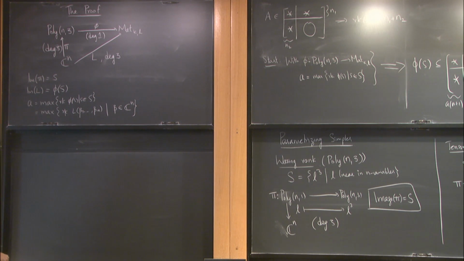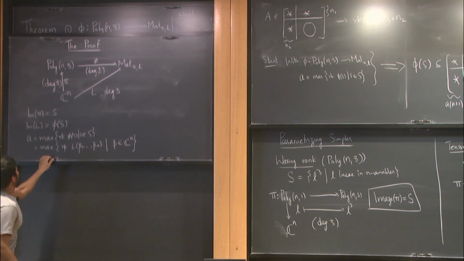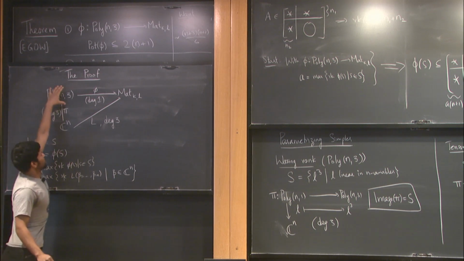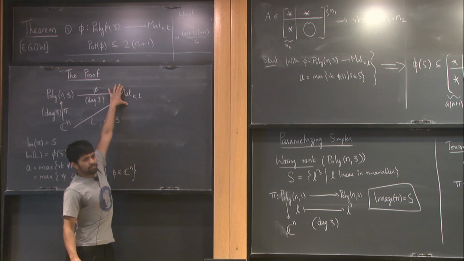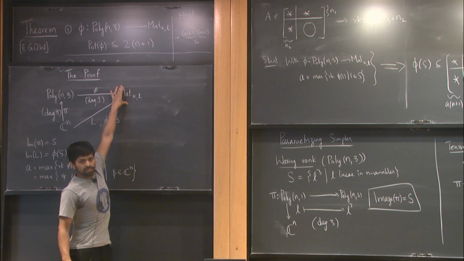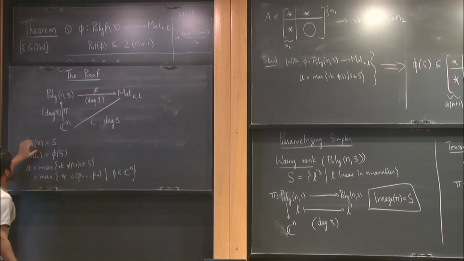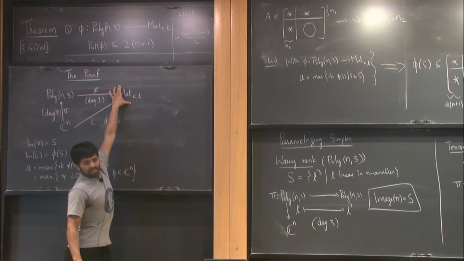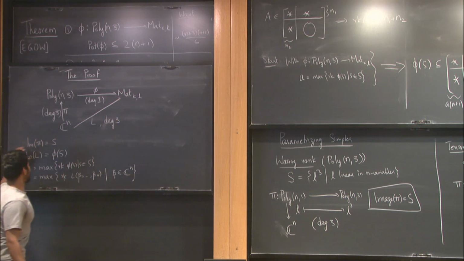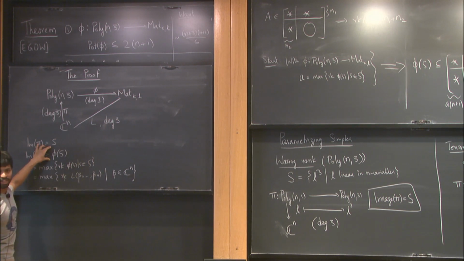First thing is, the image of the parameterization is a simple set S. So you start here, the image is S, you apply phi, you get phi of S. So you might as well have done it like this. And that means that the image of L is the same as the image of the simple set under this map phi.